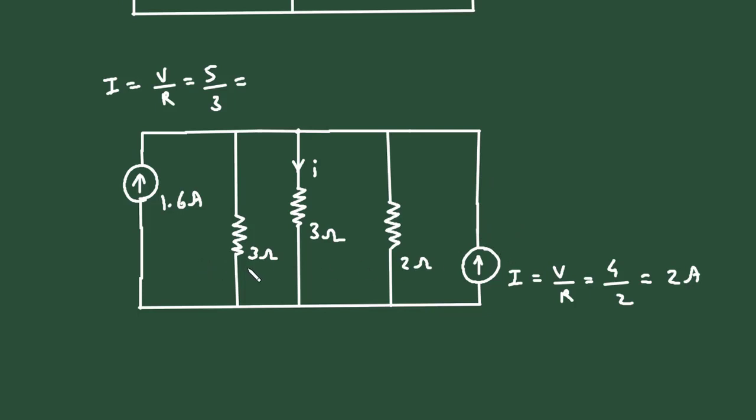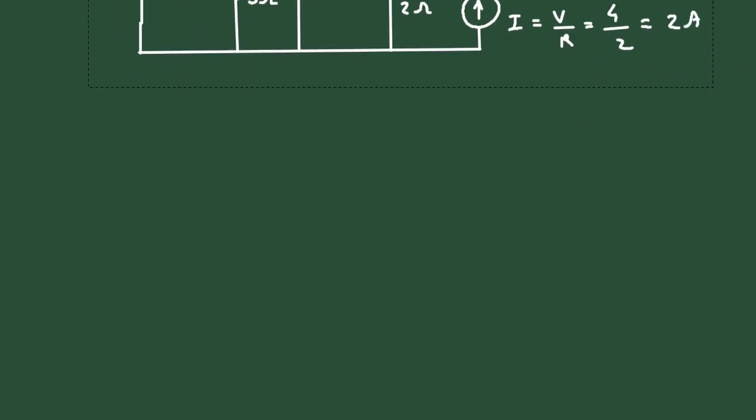As we can see, this current source and this current source are connected in parallel. The direction of this current source is upward and also the direction of this current source is upward. So both current source directions are the same, so we will add them and make a single current source. Let's copy this circuit again.